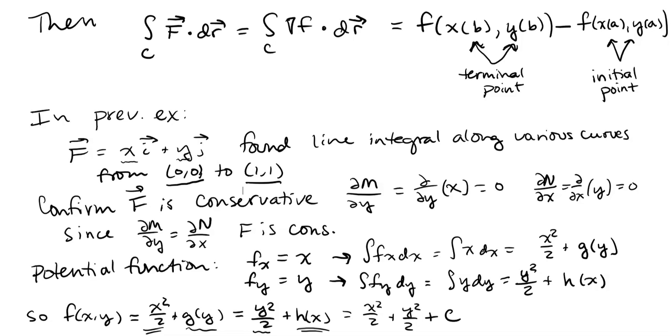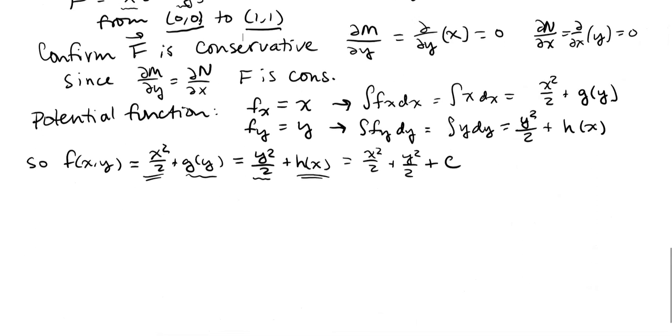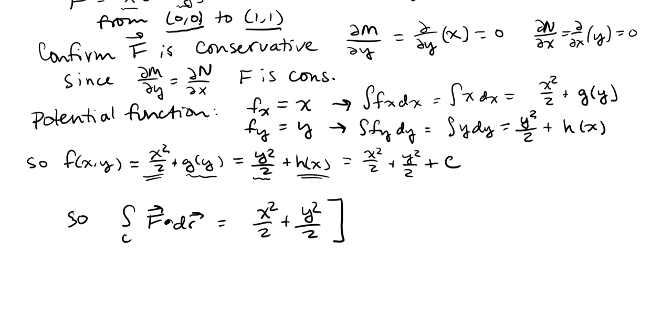So I need to scroll a little bit here. But so then what we're going to end up with for our example is that the line integral over C of f dr is going to be, we'll take that potential function we just found, which was x squared over 2 plus y squared over 2, and we're going to evaluate from the initial point, which was 0, 0, to the terminal point, which was 1, 1.